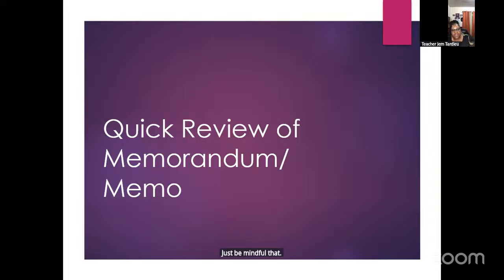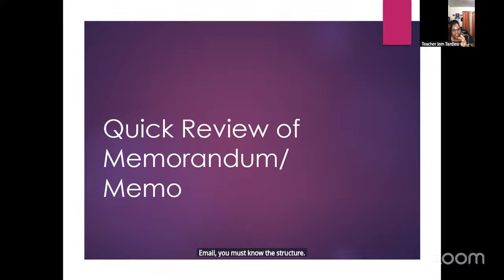If not, just be mindful that if CXC asks you specifically to write a letter, you must know what structure goes with it. If they ask you to write a notice, you must know the structure. If they ask you to write an email, or a report, you must know the structure.